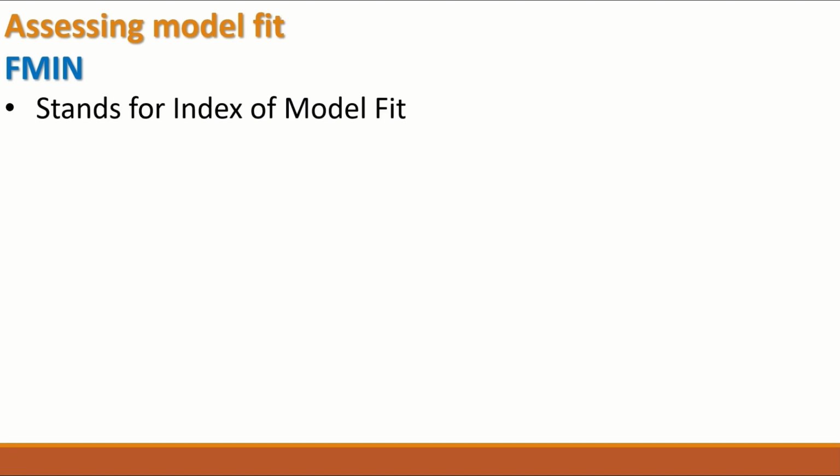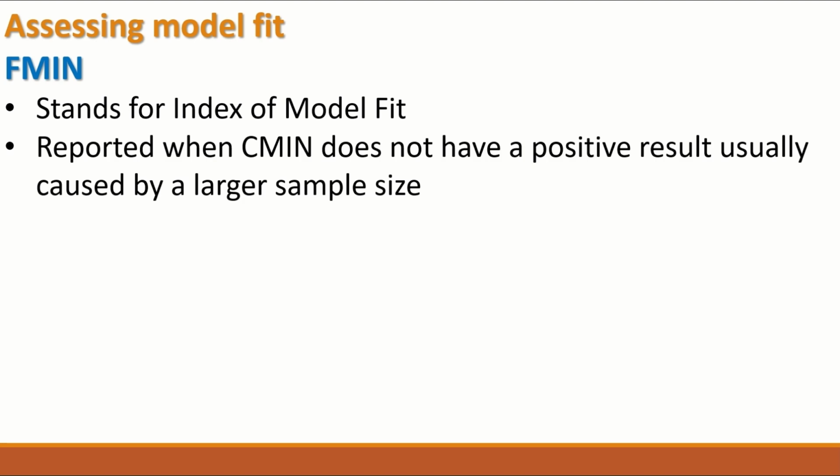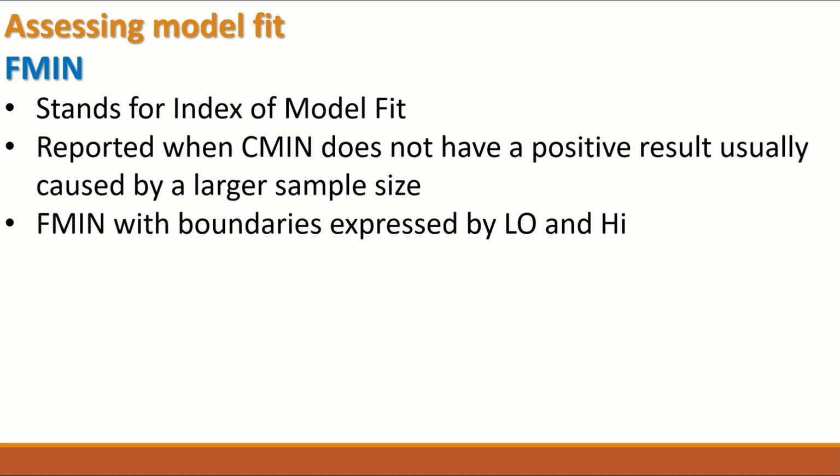The next index is the FMIN, which stands for the index of the model fit. It is used and reported when the chi-square does not have a positive result, usually caused by a large sample size.